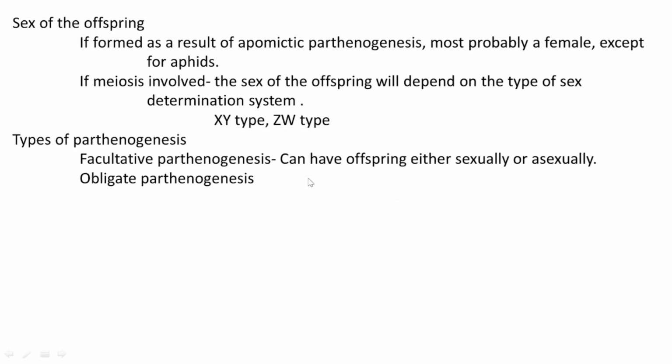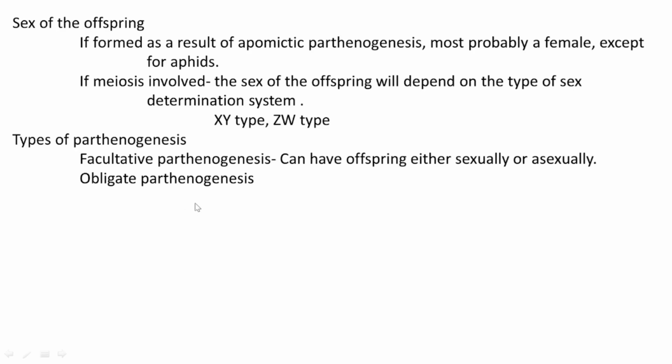For example, if it finds it difficult to find a viable male mate, then that species switches to the parthenogenetic method of reproduction. That is facultative parthenogenesis. It can have both sexual as well as asexual reproduction.